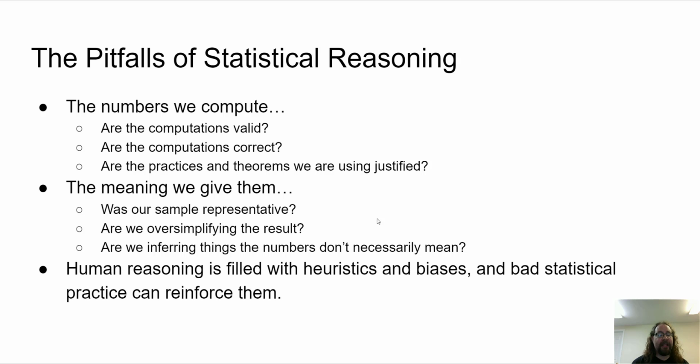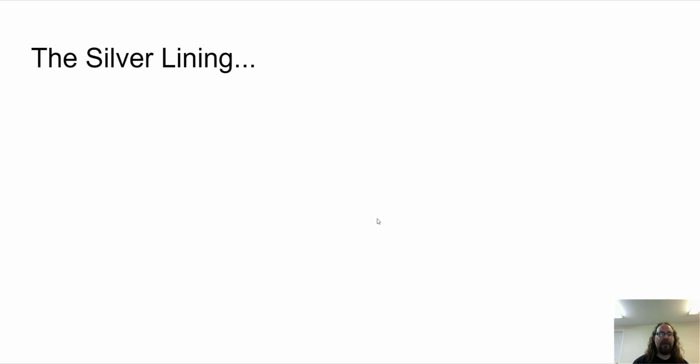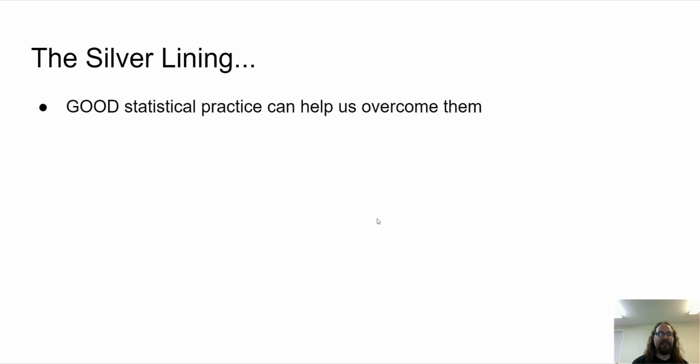We have to remember that human reasoning is filled with heuristics and biases, if you recall that from one of our past videos, and bad statistical practice can reinforce those heuristics and biases. So I don't want to be overly negative, so let's talk about the silver lining, and that's that good statistical practice can help us overcome those heuristics and biases.